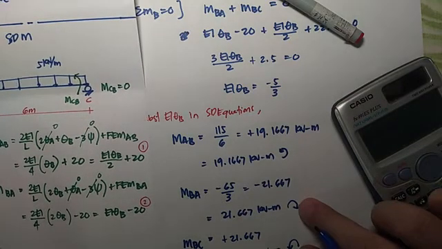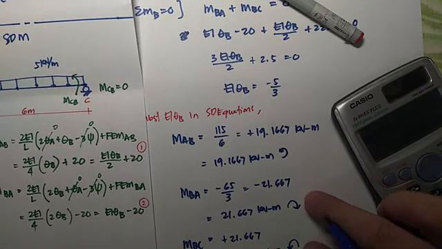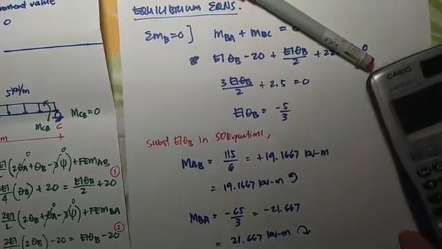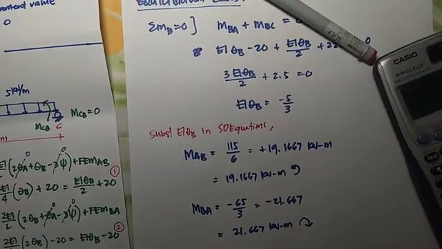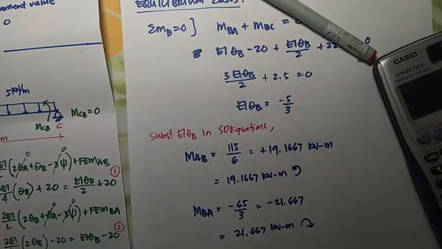So as you can see, MBA and MBC have the same magnitude but different yung direction, because the summation of moment at point B must be 0. So that validates this equation. Okay, and of course the moment at CB is equal to 0. Okay, so those are the end moments.